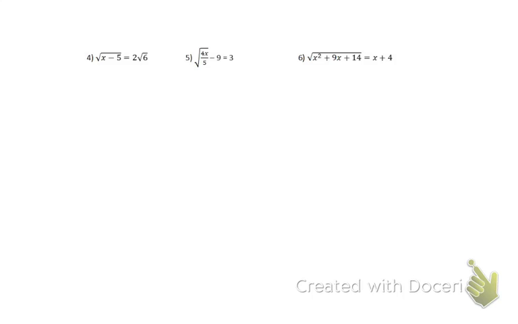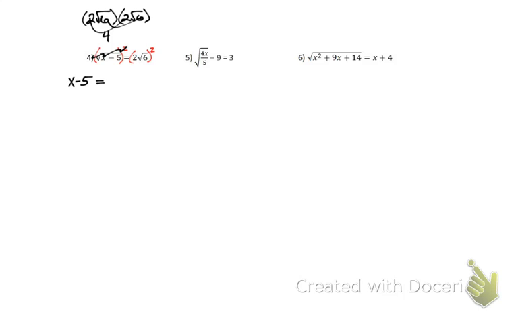The variable is isolated, so all I have to do is square both sides. So again, on the left side, squares and square roots cancel, so you're left with just x minus 5 equals, and then how do we square 2 root 6? Well, 2 root 6 squared, you could think of it as just 2 root 6 times another 2 root 6. 2 times 2 is 4.